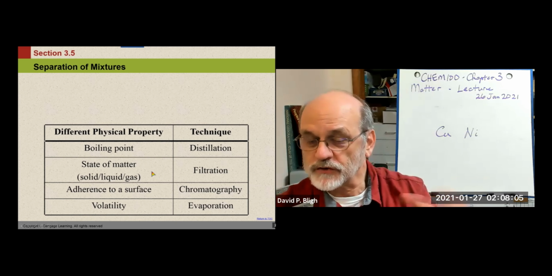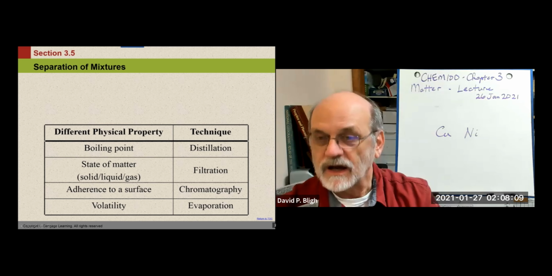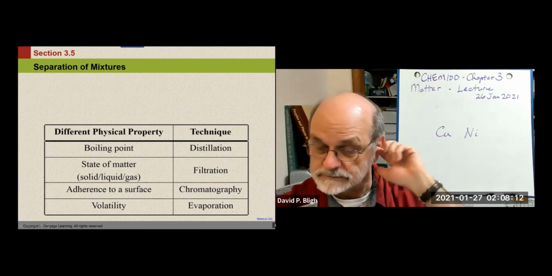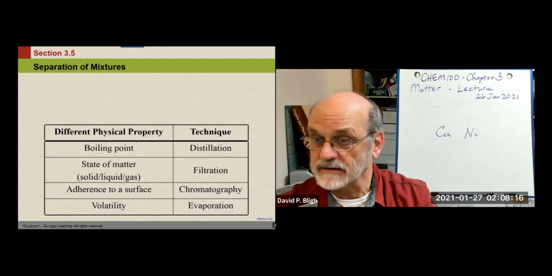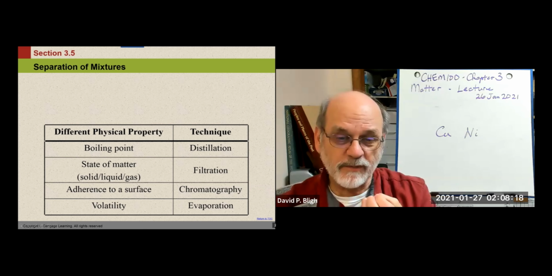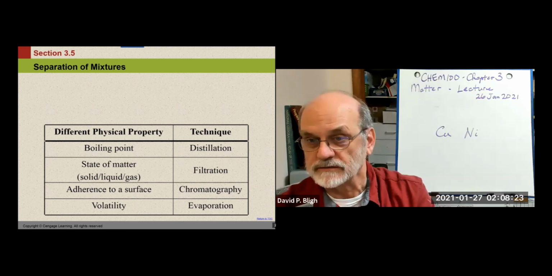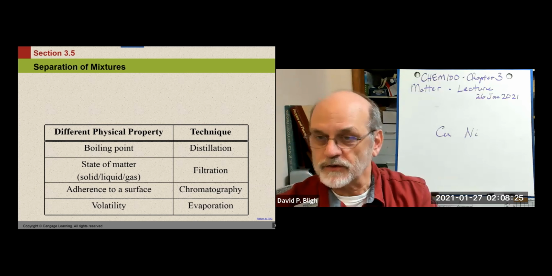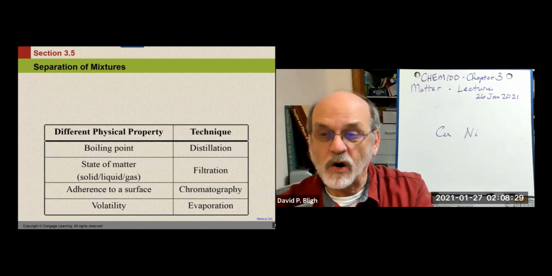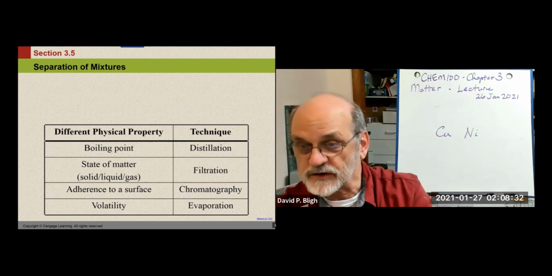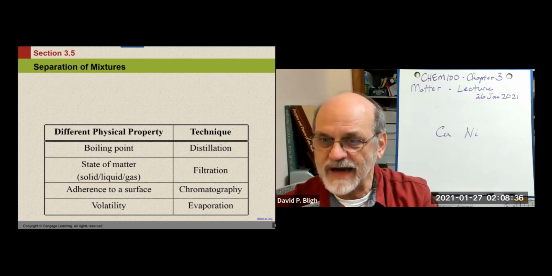You can pour those through a filter, and the liquid will go through, and the solid will remain behind. Or if you have a liquid with different particle sizes in it, you can choose your filter paper so that you can remove the larger particle sizes and the smaller ones will go through. Then you can pour it through a different filter that will catch smaller particle sizes, and you can separate the smaller particle sizes too. So that's based upon the states of matter, filtration.